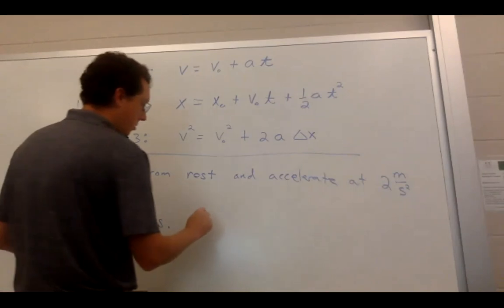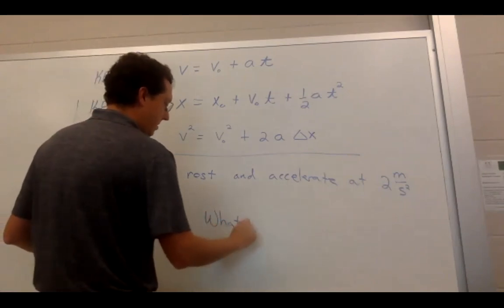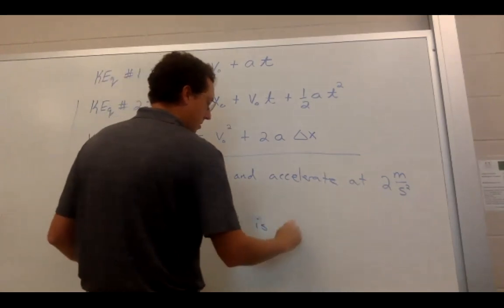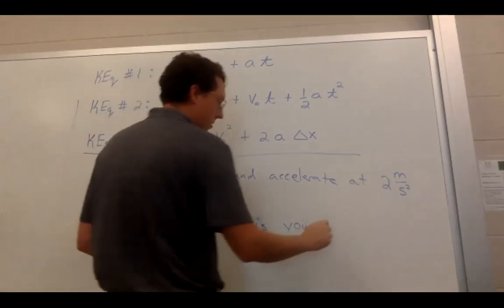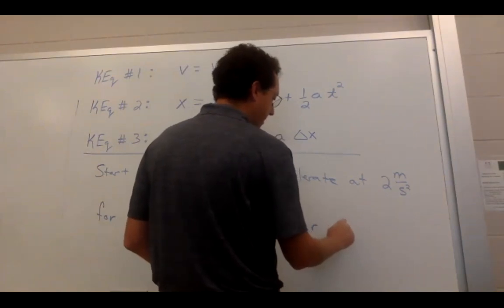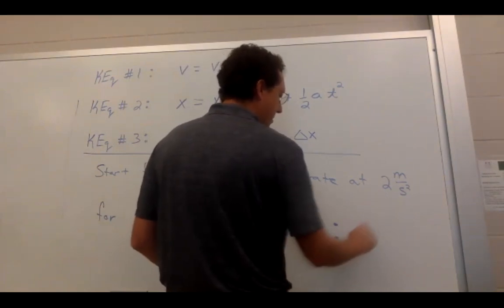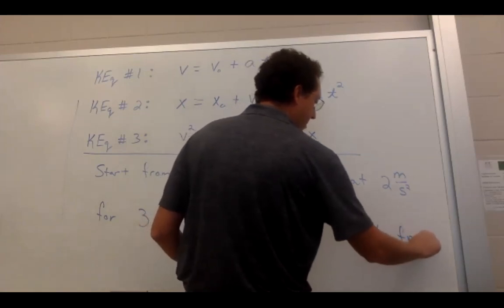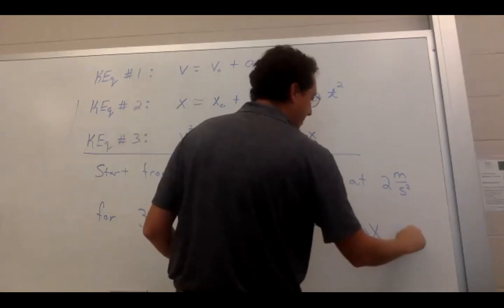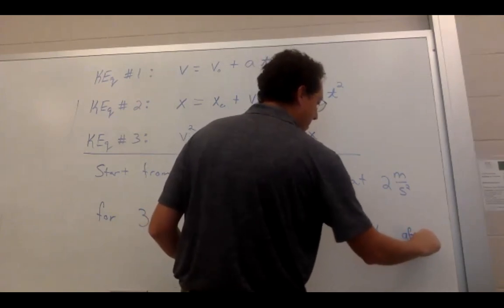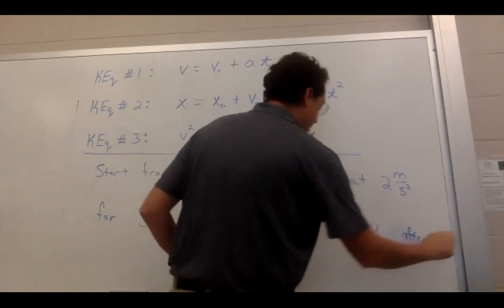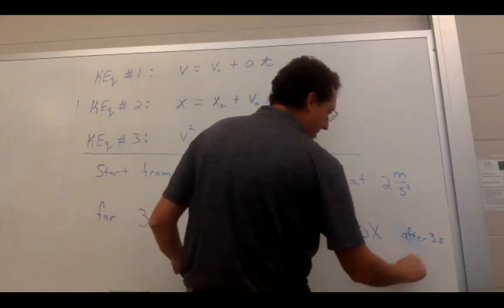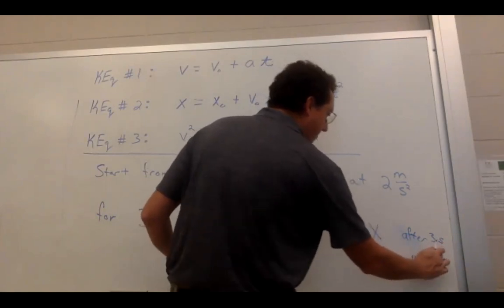Okay? I'm going to make a grocery list of things to find. What is delta x after 3 seconds? What is your final velocity after 3 seconds?